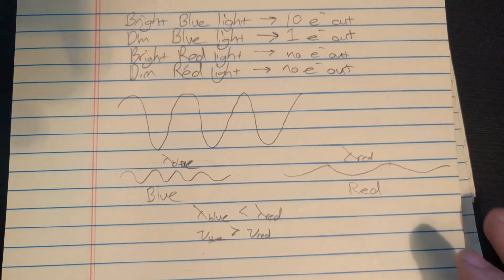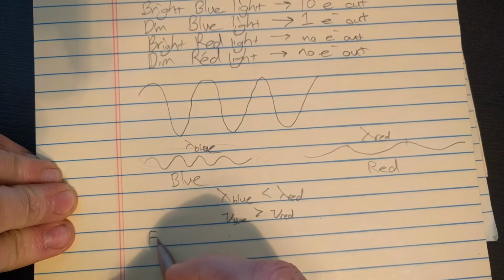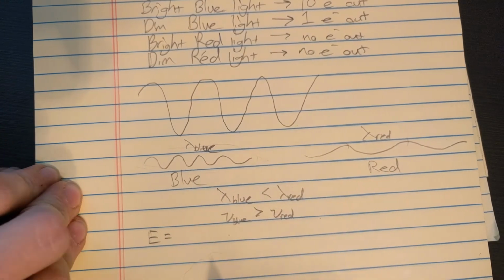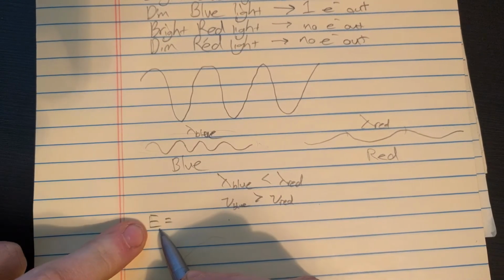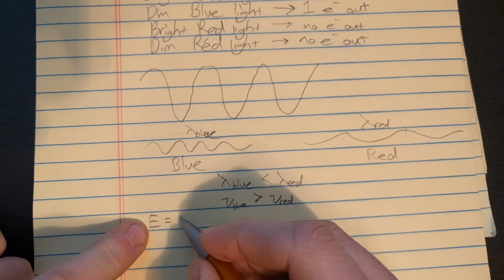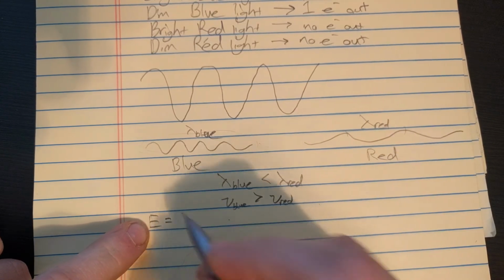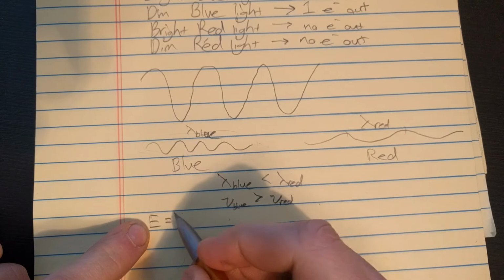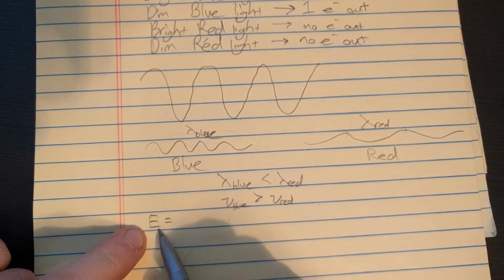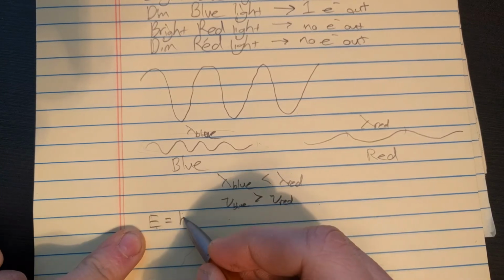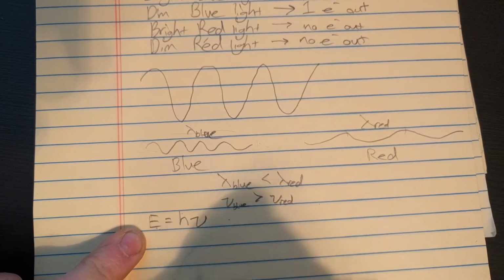And now around Einstein's time, it was being found out that indeed light does act like particles, and each particle of a certain frequency or wavelength of light was related by, so the energy of a single photon, E, was equal to some constant times the frequency of that light.